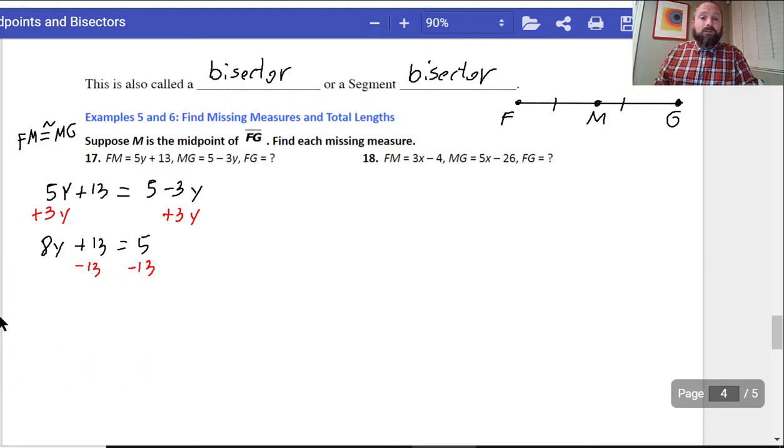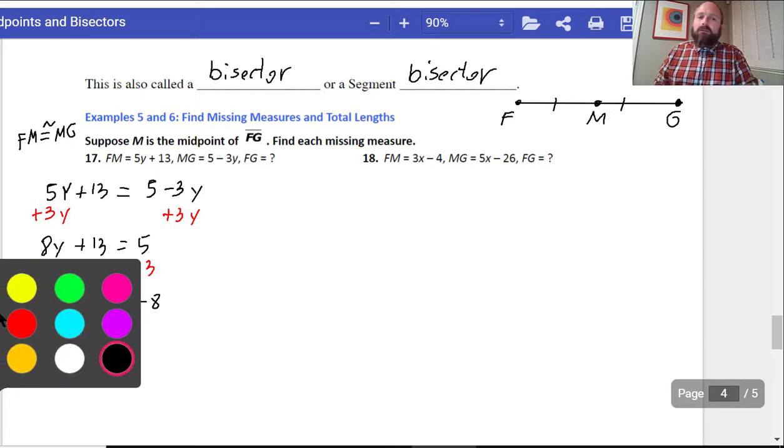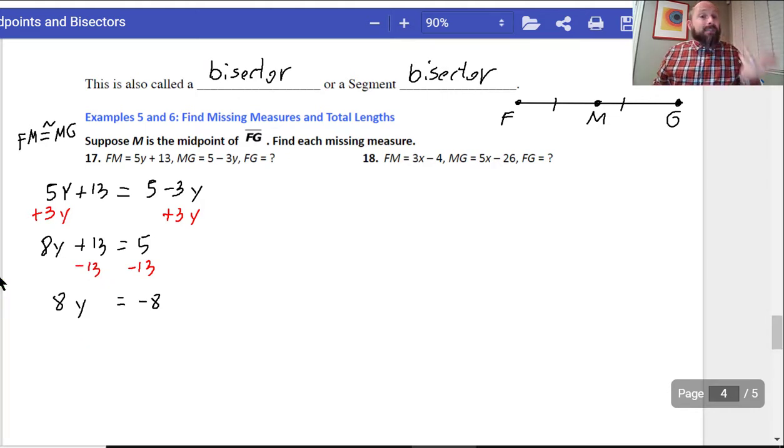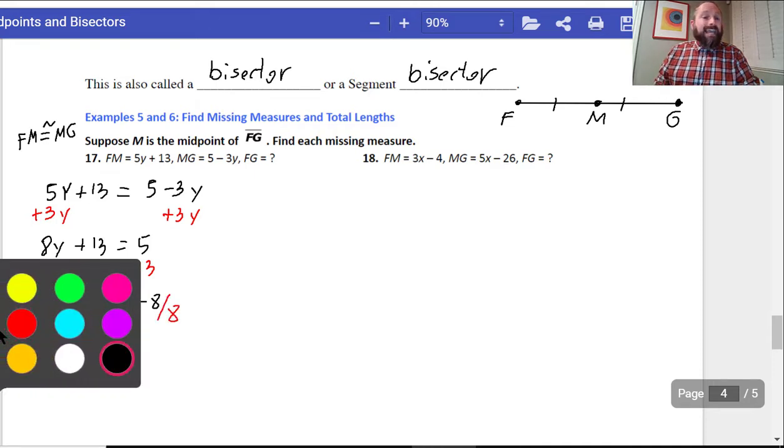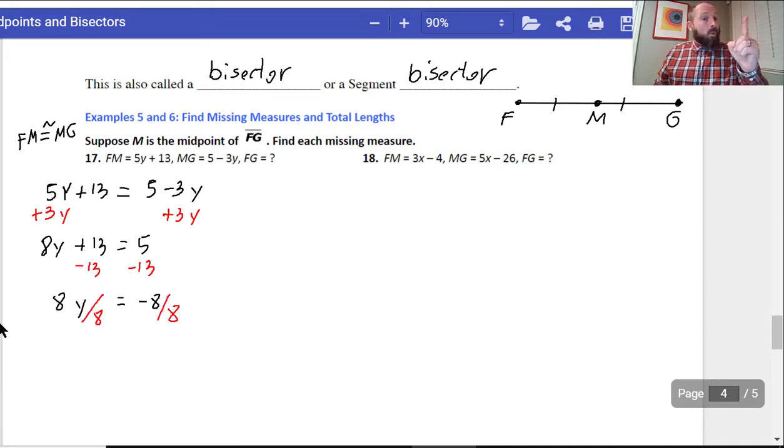So negative 8 is equal to 8y. What's the opposite of times 8? The inverse operation is divide by 8. Negative 8 divided by 8 is negative 1. So y equals negative 1.